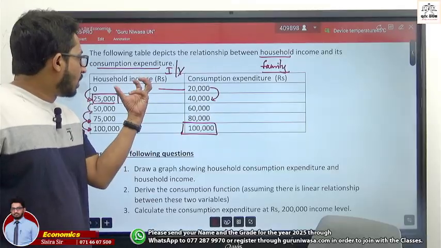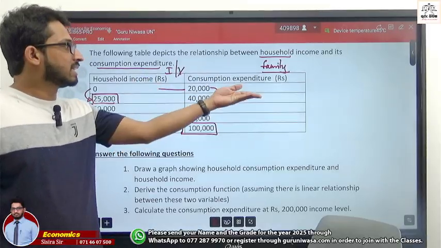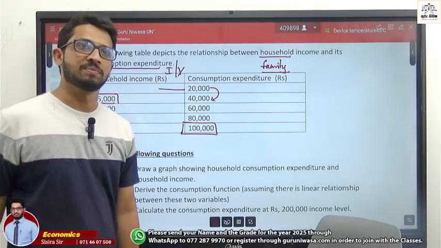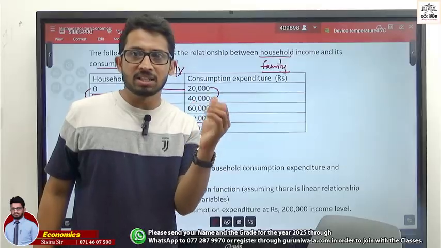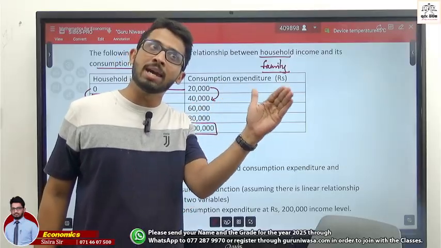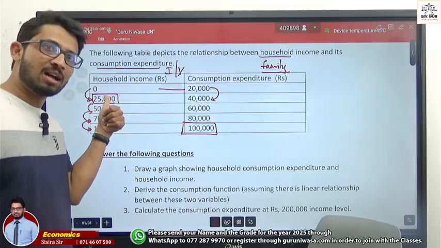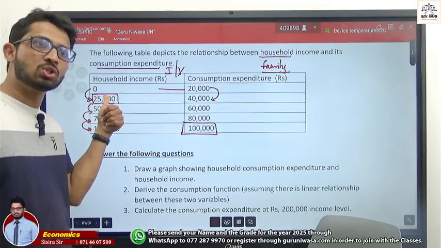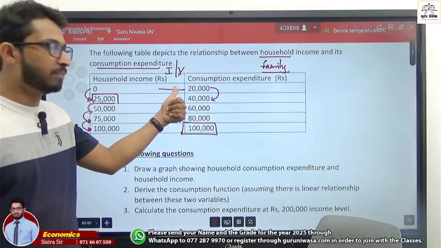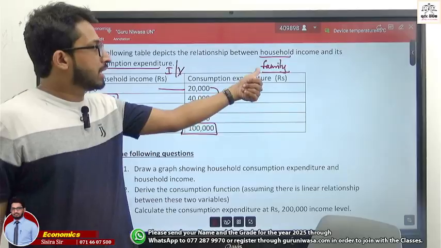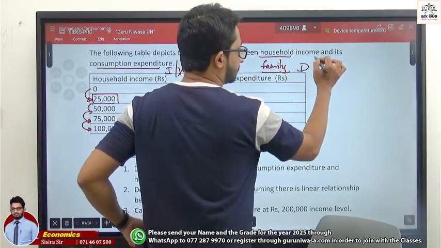When household income changes, consumption expenditure changes. In other words, we can say consumption expenditure is changed by household income. So household income should be the independent variable. Consumption expenditure should be the dependent variable.